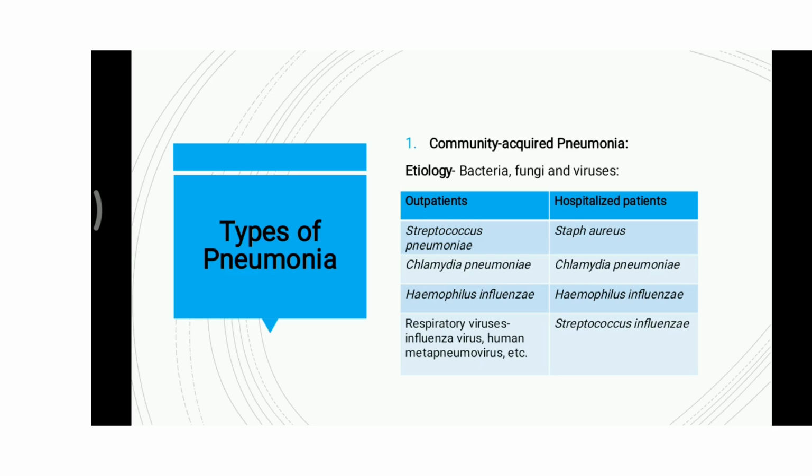Now in the case of hospitalized patients, the pathogens include Staph aureus, Chlamydia pneumoniae, Haemophilus influenzae and Streptococcus influenzae. So these are the etiologic pathogens causing community acquired pneumonia in hospitalized patients.